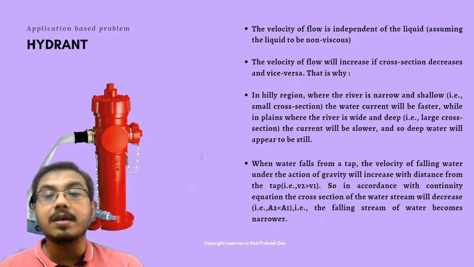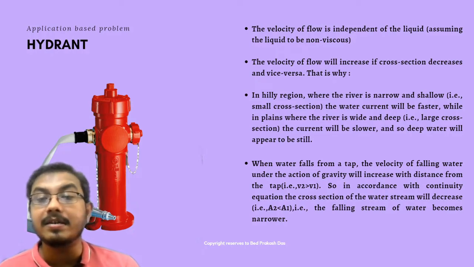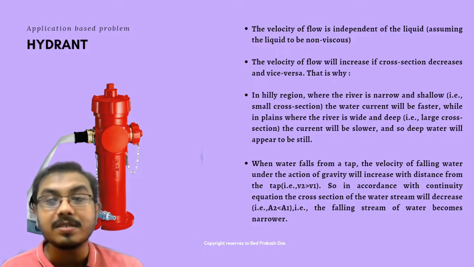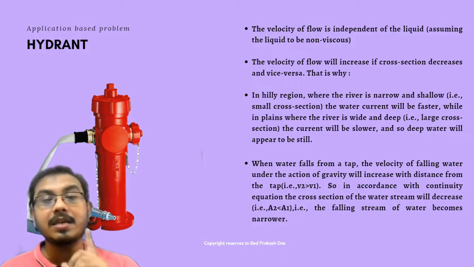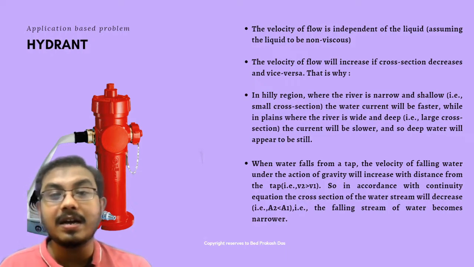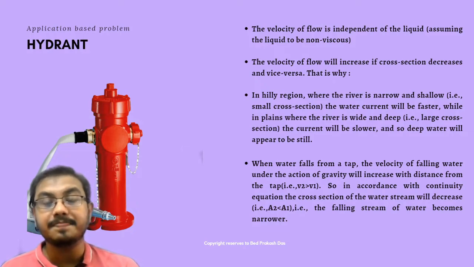These are the conditions where the continuity equation holds, like the velocity will increase if the cross-sectional area decreases. It is quite obvious. I have already told you the example of tap water, and you can see behind me a picture of a hydrant.